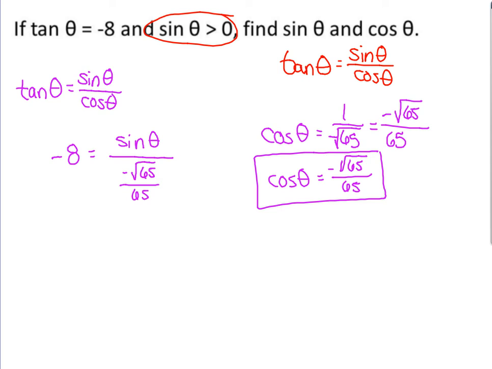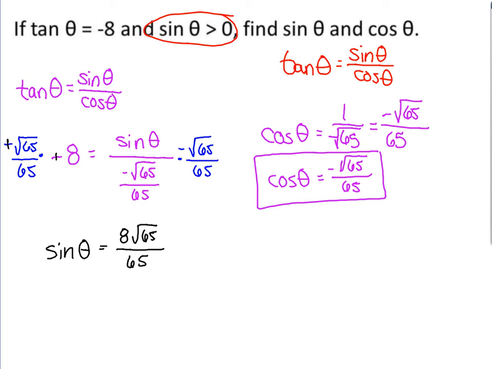So to get the sine by itself, we do need to multiply both sides by negative radical 65 over 65. So we are going to get that the sine of theta is equal to negative, and negative is going to make that positive. So we're going to have 8 radical 65 over 65. If we could reduce that any, you can go ahead and reduce. This one is non-reducible.